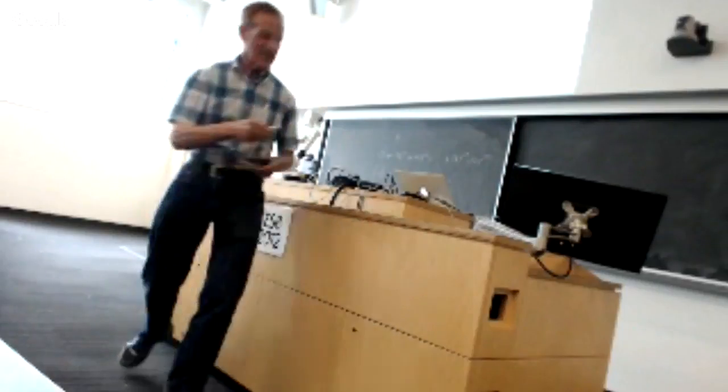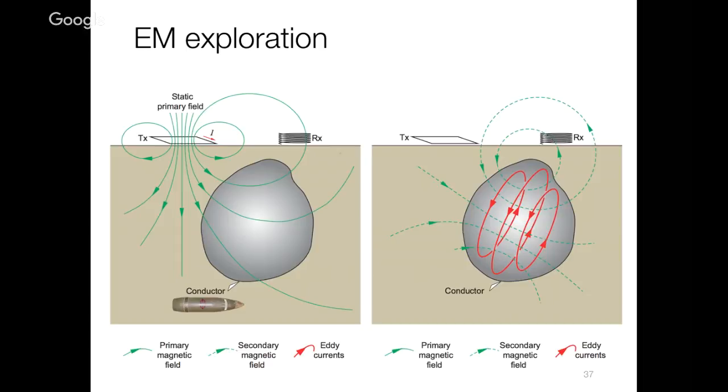That's what's happening here. We have a time-varying magnetic field, which gives rise to currents, and then those currents give rise to their own magnetic field. Everything depends upon the electrical conductivity assumption.